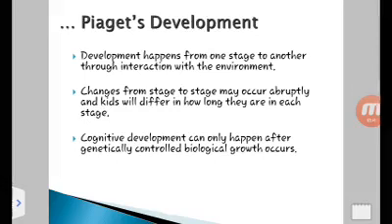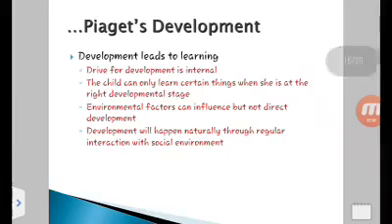According to him, development happens from one stage to another through interaction with the environment. So environment is an important factor in child development. Changes from stage to stage may occur abruptly, and kids will differ in how long they are in each stage. And cognitive development can only happen after genetically controlled biological growth occurs.